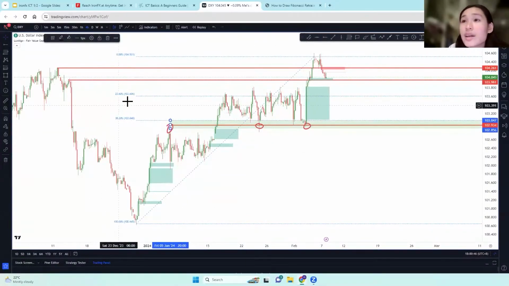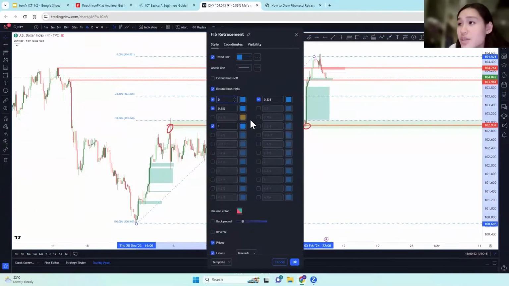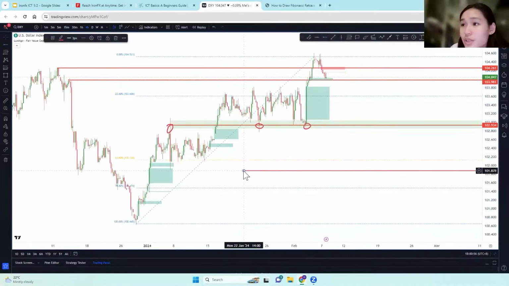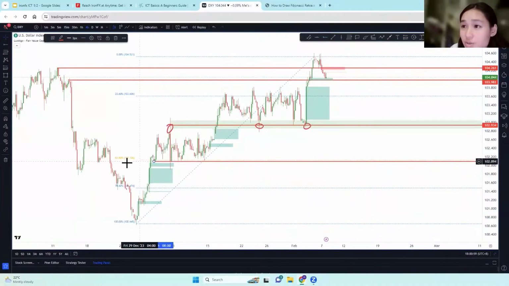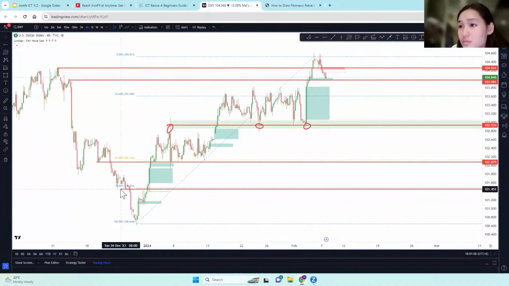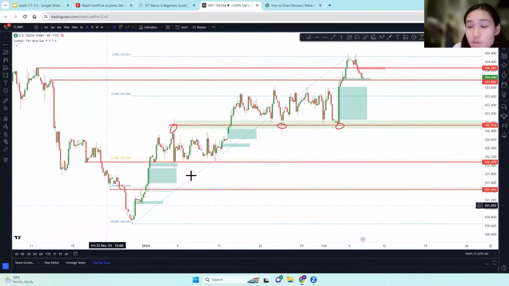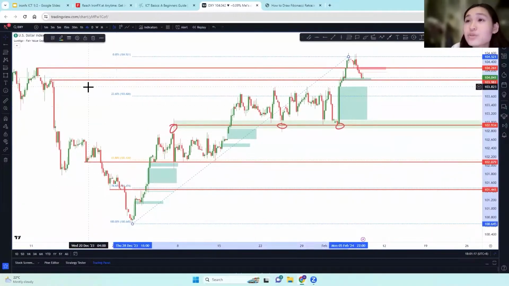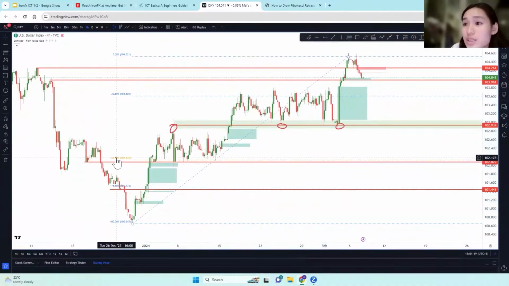If I look at our 61.8 as well as the 78.6, you can see that that also lines up with the highlighted fair value gaps over here. The 78.6 doesn't really match up, apart from this swing low, which is fine. It doesn't always have to match up. You can see that this 61.8 is a pretty significant level here.